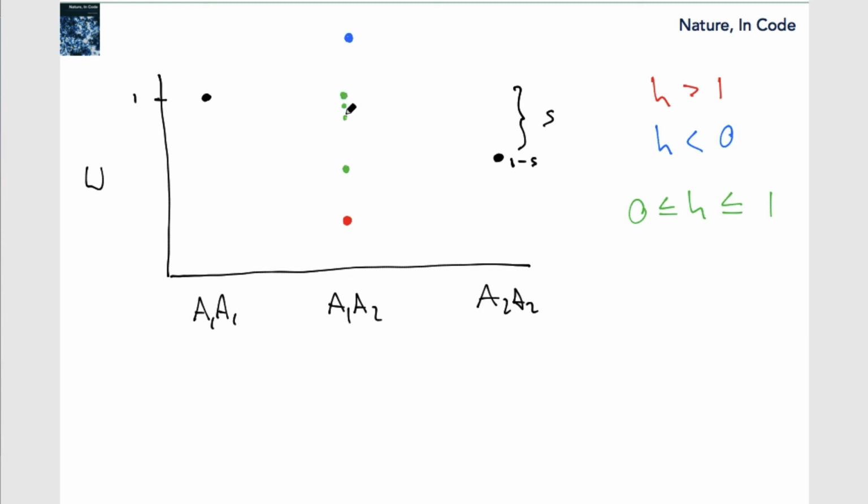And so what you have here is just a slope, a fitness slope, where the intermediate A1A2 has an intermediary fitness. It doesn't have the lowest fitness, which would give you this valley. It doesn't have the highest fitness, which would give you this peak. It has an intermediary fitness, so it gives you this kind of slope.